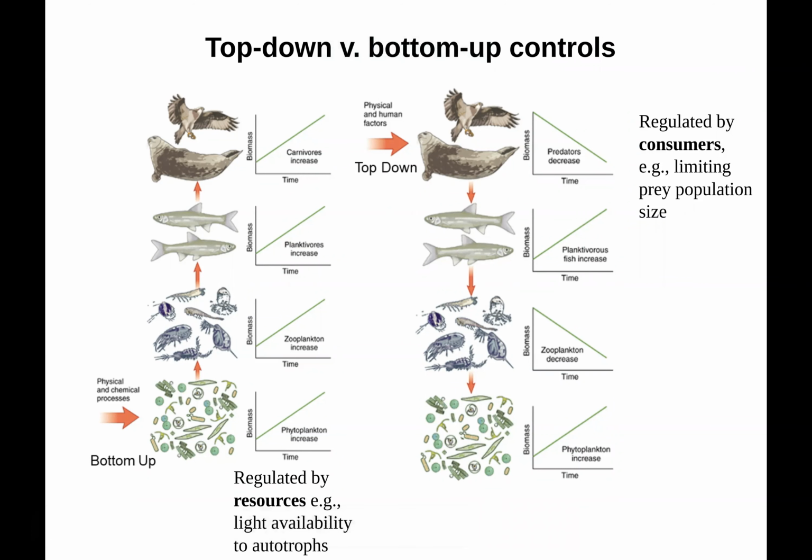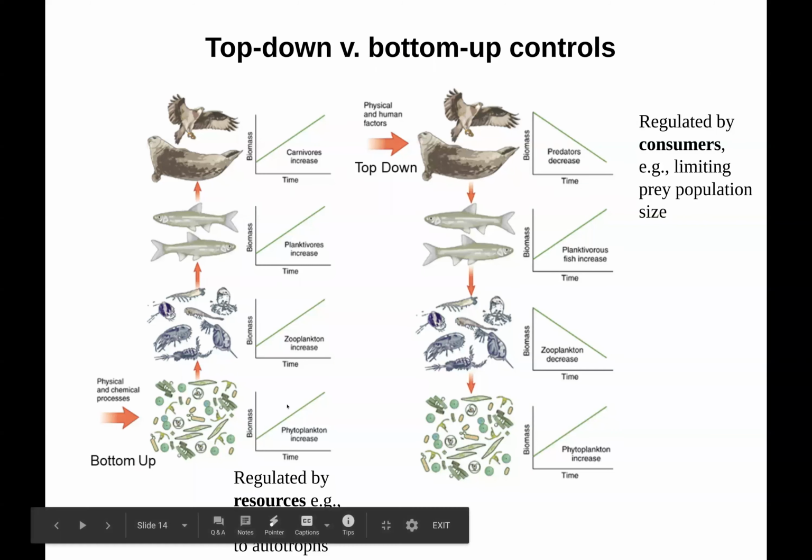But I digress. Now, as I mentioned, there's two different ways food webs control themselves, and it's through top-down and bottom-up controls. Now, top-down controls, I think, are by far the more complex of the two. So let's talk first about these bottom-up controls. Not just because they're on the left; they're much more simple. The idea being is bottom-up controls are regulated by resources.